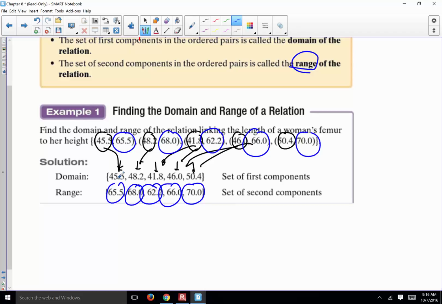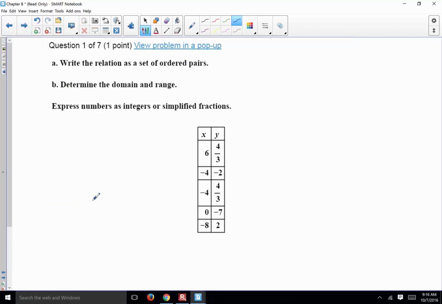You have a single person, a single OSU ID. Like that, your name is mentioned only once in domain and range questions. Any questions so far? So let's find our first domain and range problem. Question number 1.